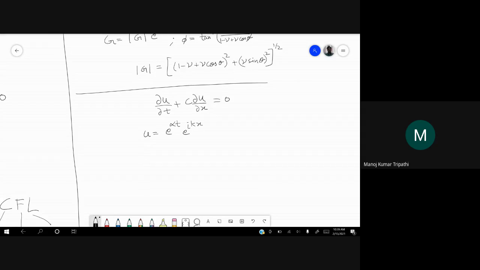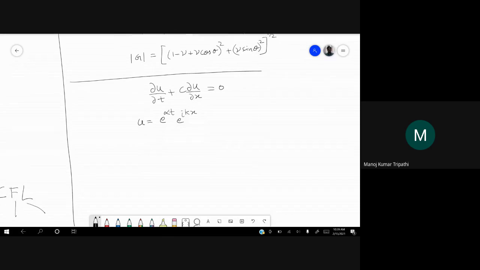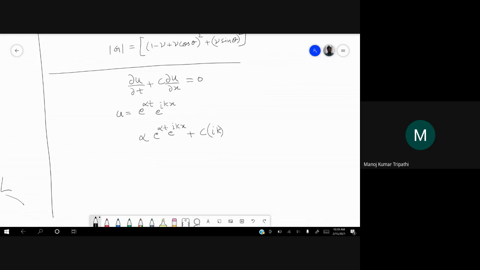When you take the derivative of e raised to the power alpha t, e raised to the power I kx with respect to time, you will get alpha e raised to the power alpha t, e raised to the power I kx, and the second term that you will get is c iota k e raised to the power alpha t, iota kx, equal to 0.